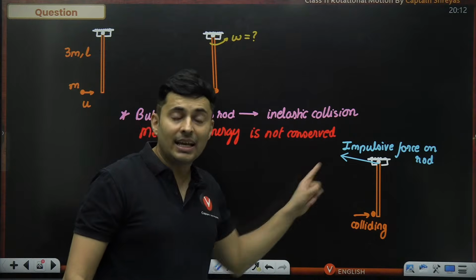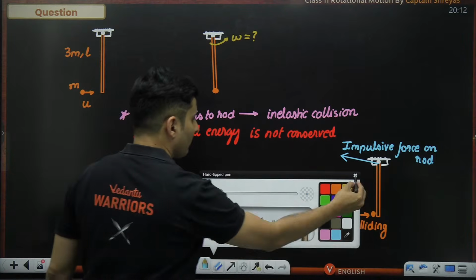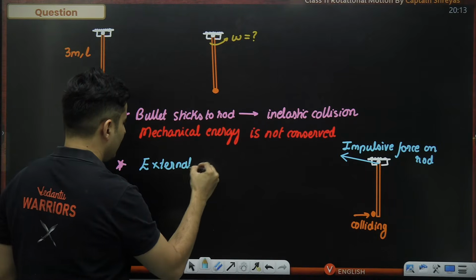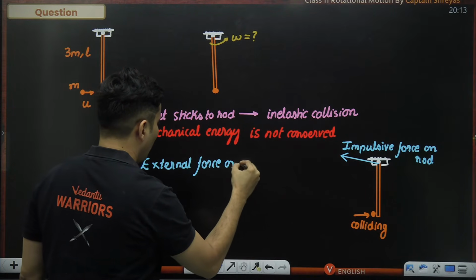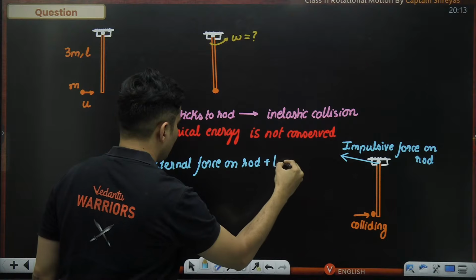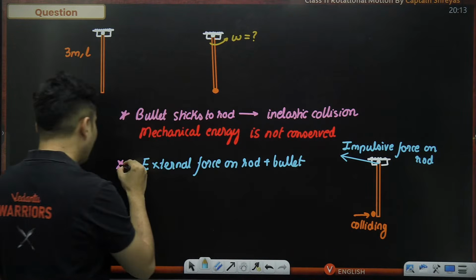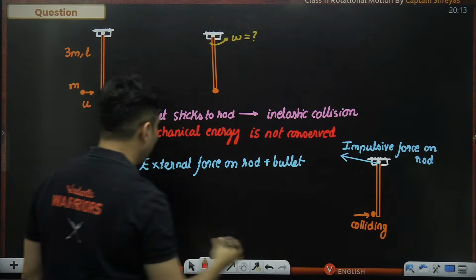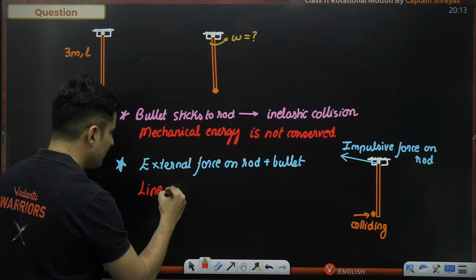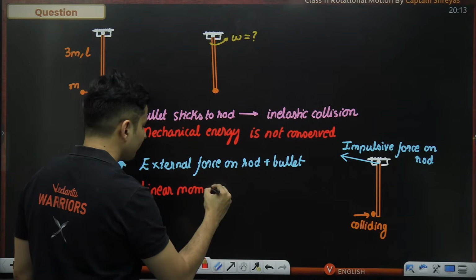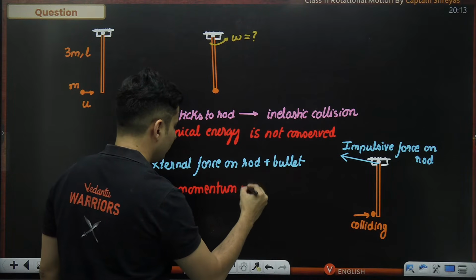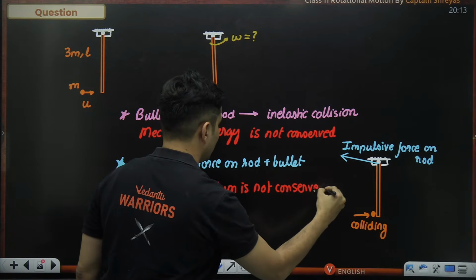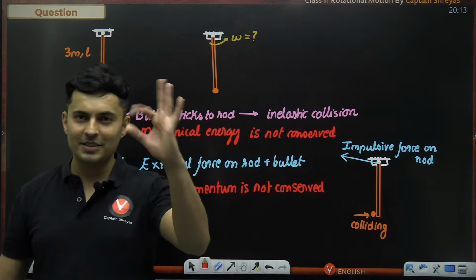And because there is an impulse, that means there is an external force on the rod plus that particular bullet. And whenever such an external force exists, my linear momentum is not conserved. Linear momentum is not conserved. See if this is in your head.